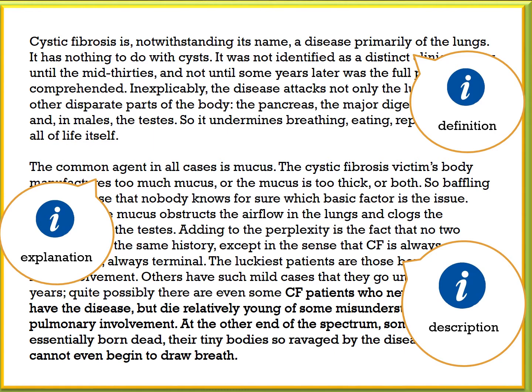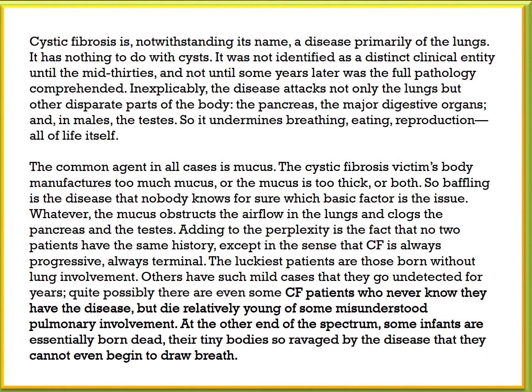And so he goes on with the explanation, and then he also does some description here. So there are people who have cystic fibrosis, and they don't even know it, okay, because the production is just affecting certain mucus glands in certain parts of the body.